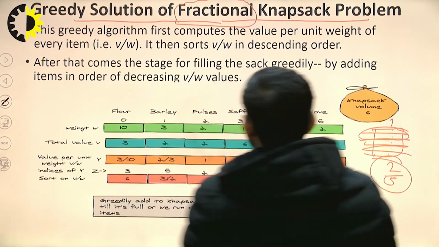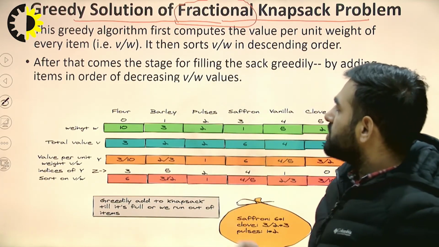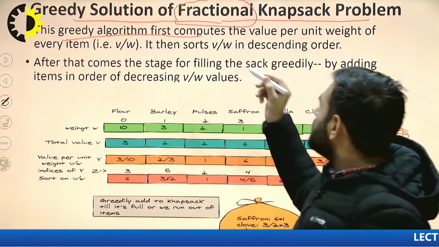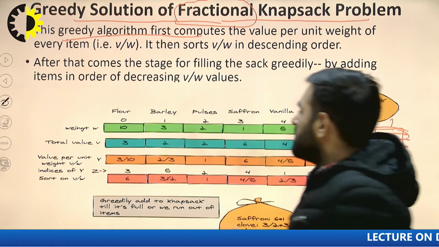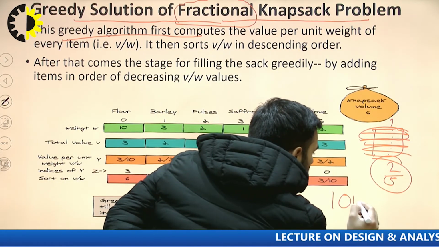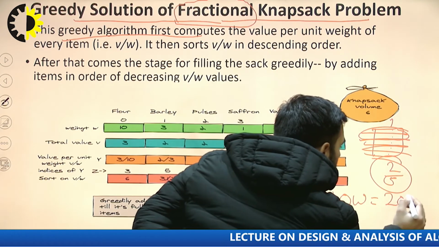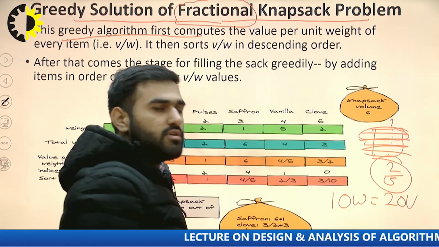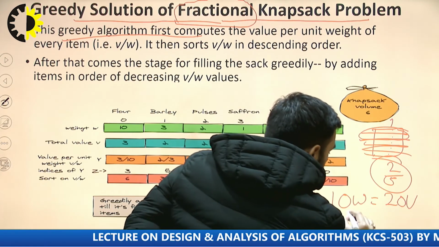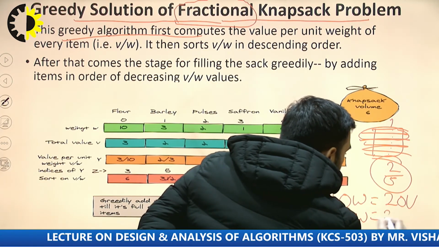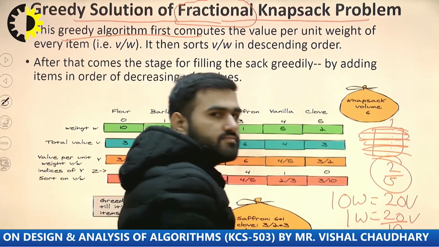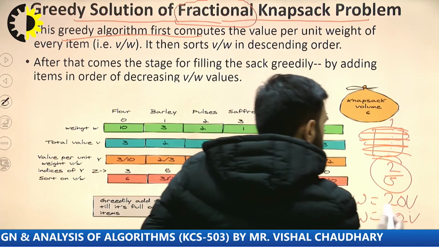Now, the approach for this problem is that the greedy algorithm first computes the value per unit weight. What it means: suppose the weight 10 gives a value of 20. So first I will compute the value for 1 weight, which equals 20 by 10. So first I will compute this.